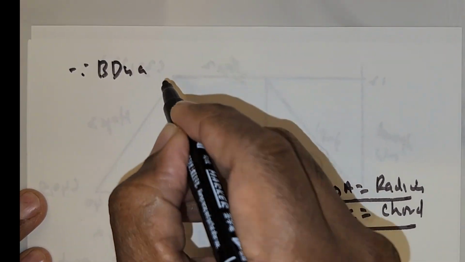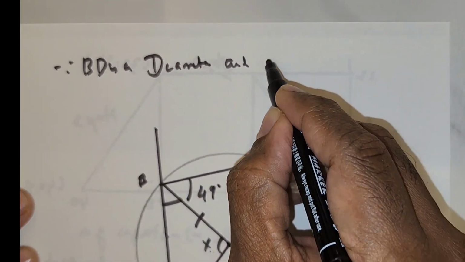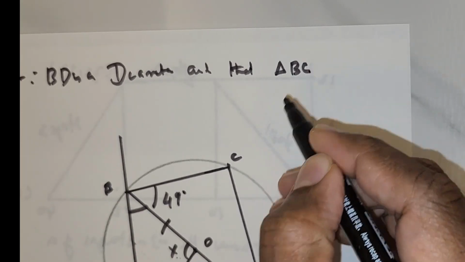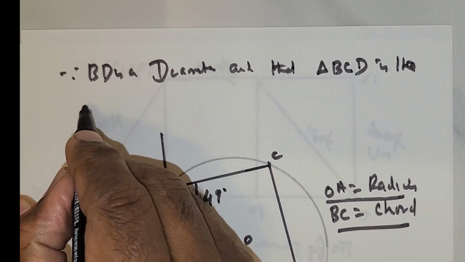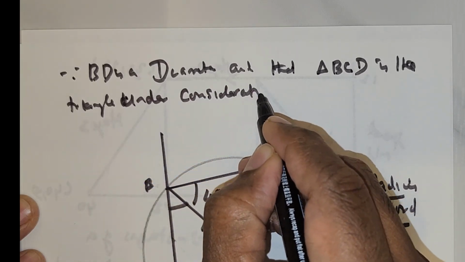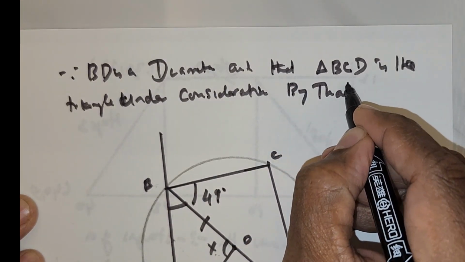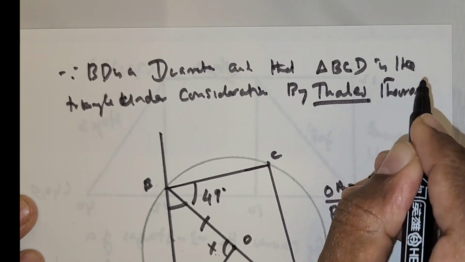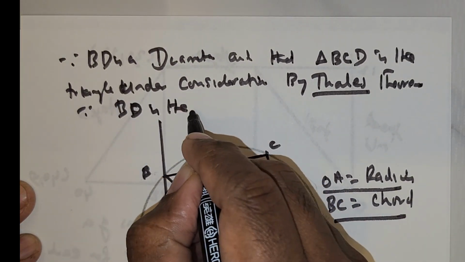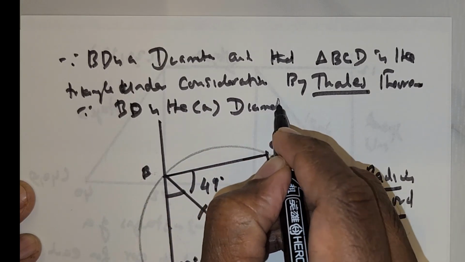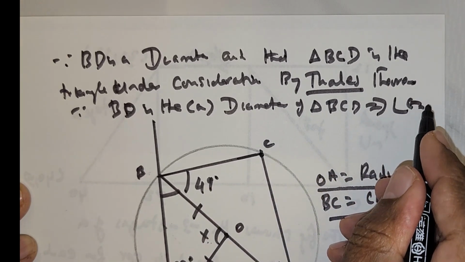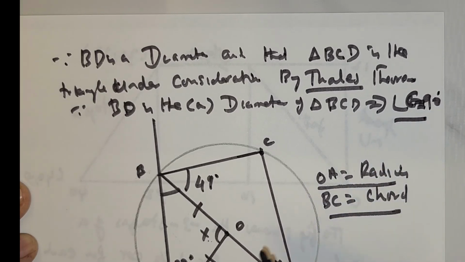Since BD is a diameter, and triangle BCD is the triangle under consideration, by Thales theorem, this is a very important theorem, since BD is the diameter, in triangle BCD, this means angle at C, which is created at the circumference, should be equal to 90 degrees. Angle at C should be equal to 90 degrees.